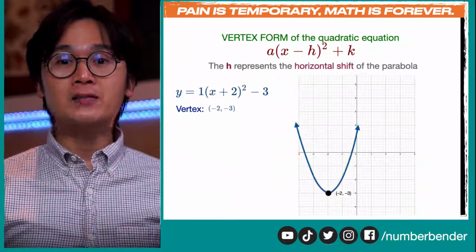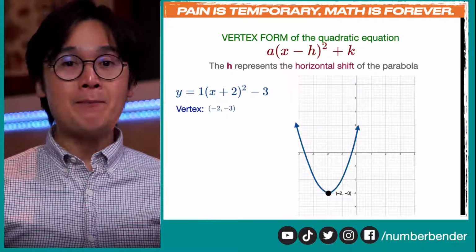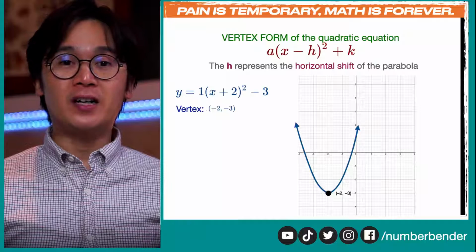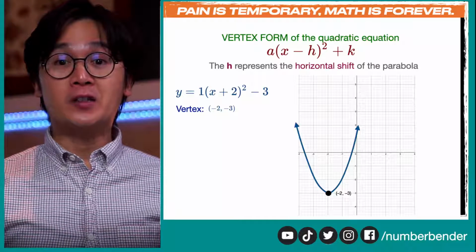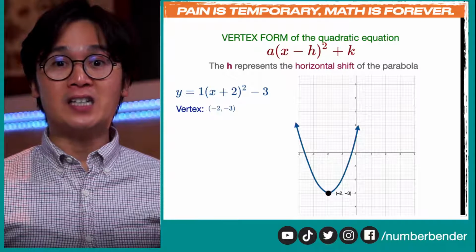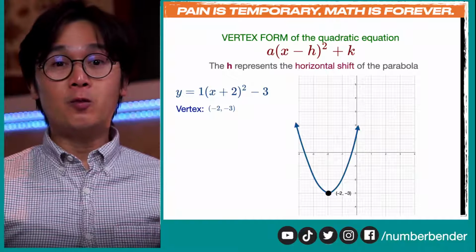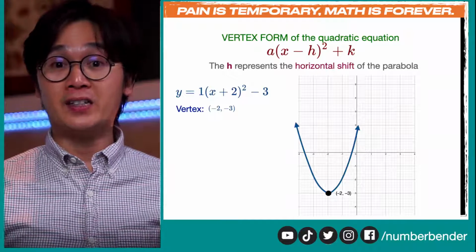Now let's move on to the horizontal shift. And this particular shift is happening when h is being changed. So it's going to be this main graph, again, the blue parabola represented by y equals 1, quantity x plus 2 squared minus 3, with vertex at negative 2 and negative 3.